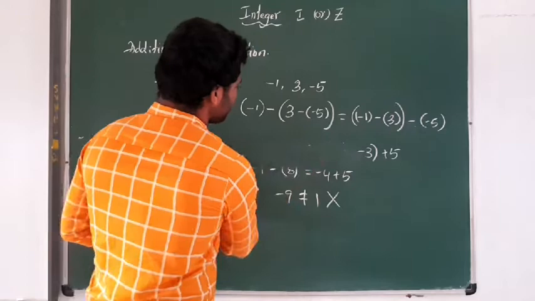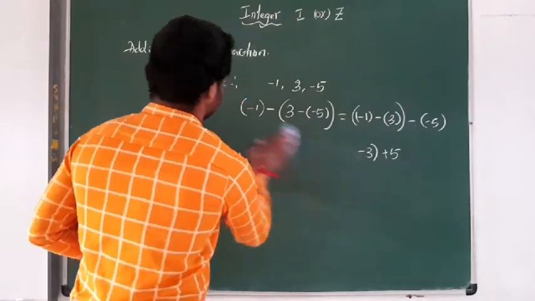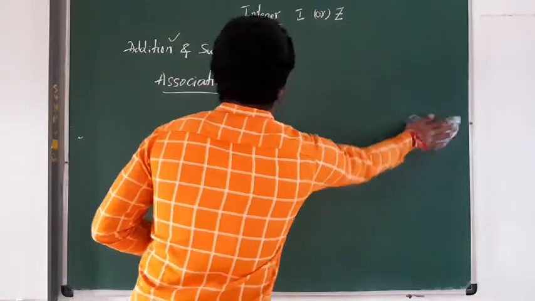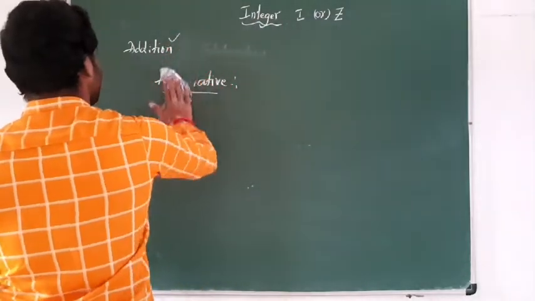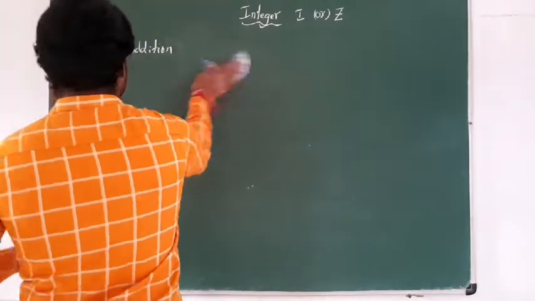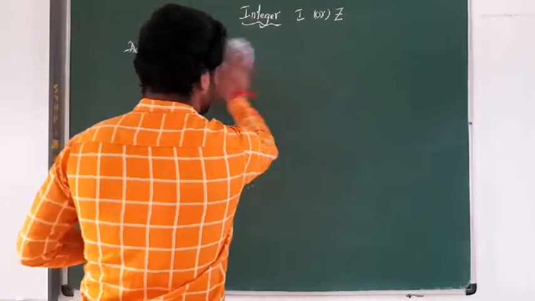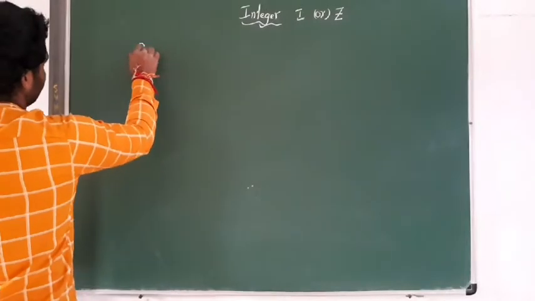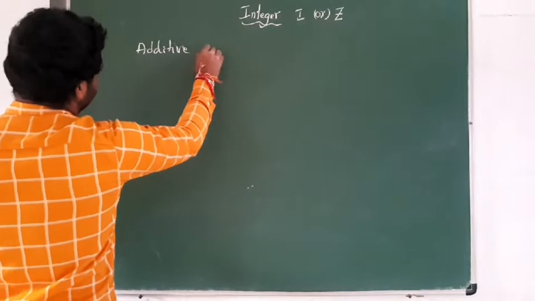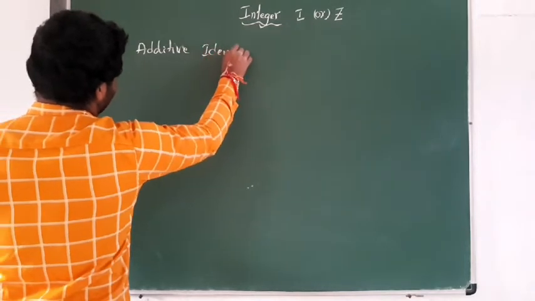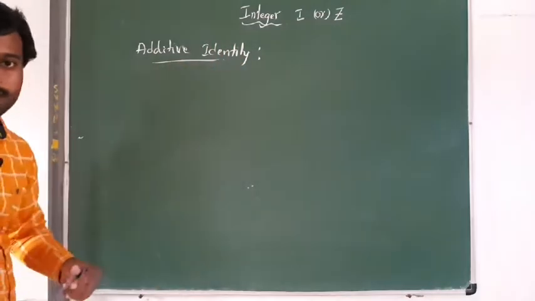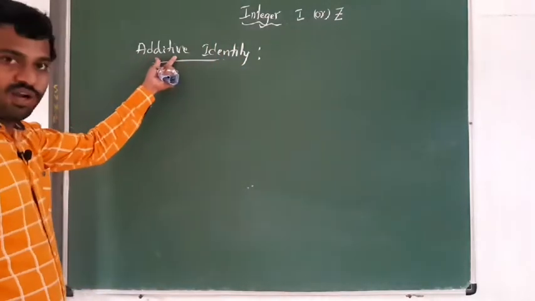Okay. So the next one is what? Identity. Additive identity. Okay, now only for the addition. What is the additive identity? See, additive means what?